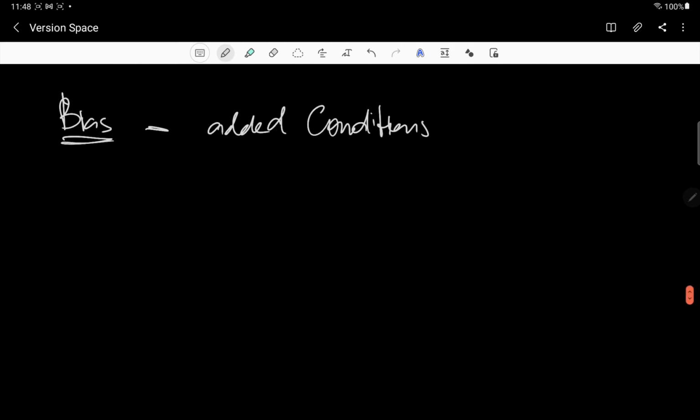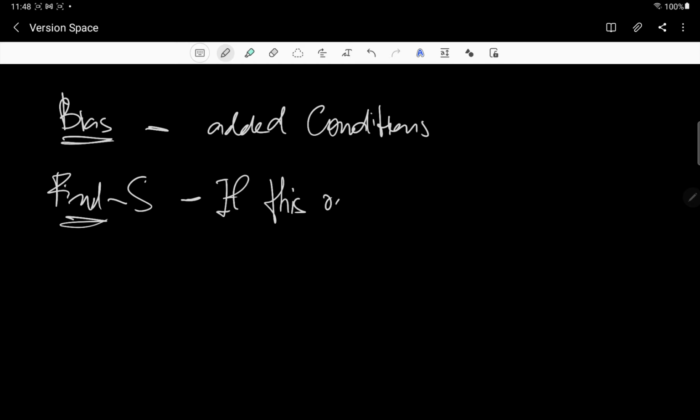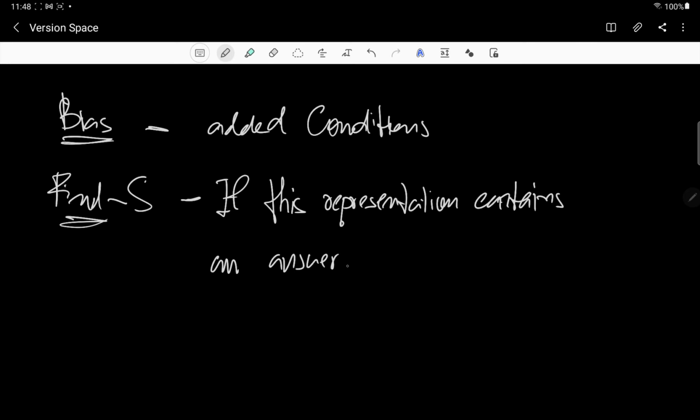So the bias that we add to the Find-S algorithm here is, we think that if this representation contains an answer, we can find it, or we can find them if there are more than one answer.